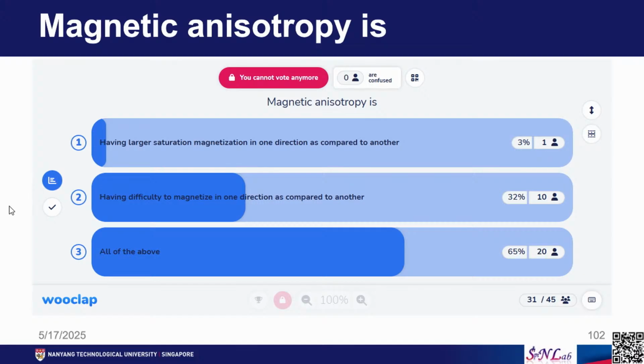Okay. Majority of you are wrong. Why wrong? Majority of you are wrong because all of the above means this is right, but this is wrong.